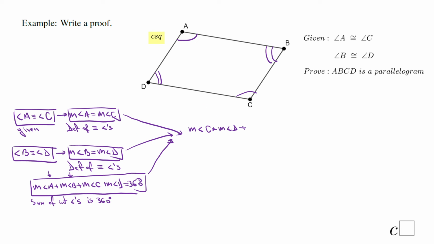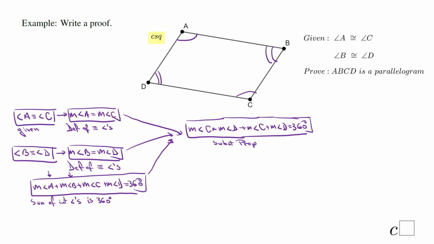Okay, measure of angle C plus the measure of angle D equals 360. And again, the reason I can write this one is substitution property. I replace the measure of angle A with the measure of angle C, and the measure of angle B with the measure of angle D. Okay, substitution property.